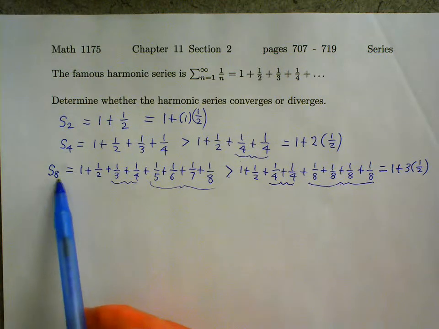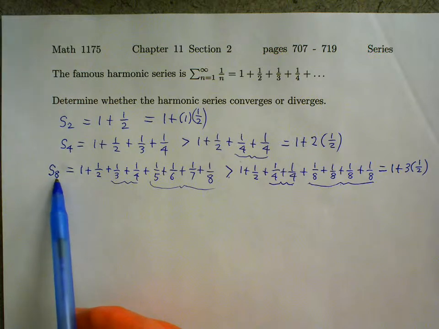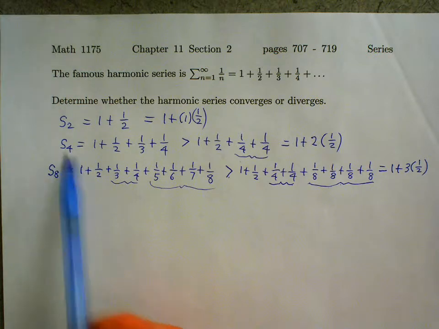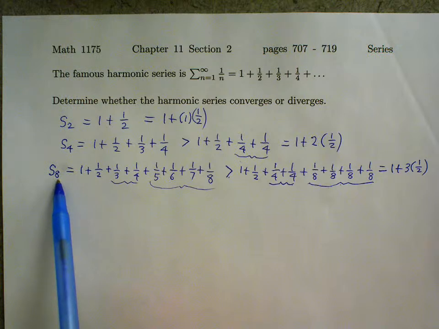For subscripts from the sequence of partial sums, I'm picking powers of 2. So the first one, 2 to the first, 4 is 2 to the second, 8 is 2 to the third.